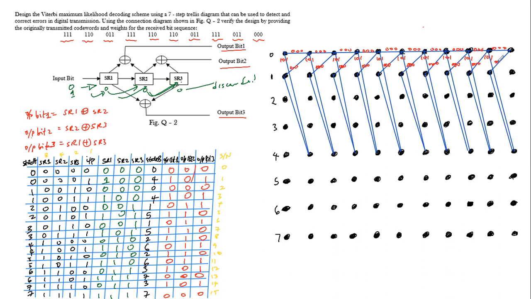And from state 1 to state 4 is 101. So at this point, it's 101, 101, 101. So we are done with this.